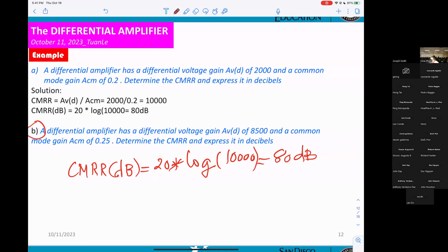They want to know the CMRR, also in decibels. So for B, the CMRR in dB. Can you calculate that and let me know?